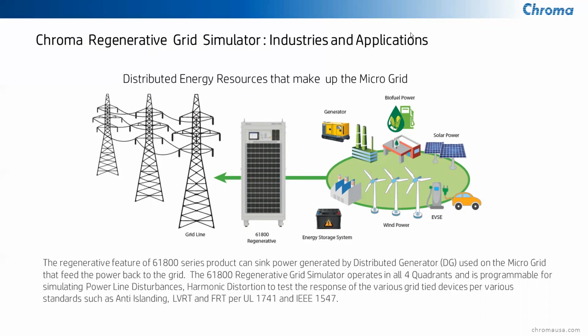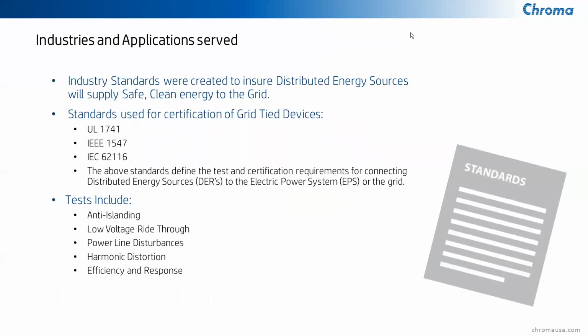But it's expanded now, as you can see, with wind energy, solar, EVSEs being bidirectional, putting power back onto the grid, and of course, energy storage. And some of the standards for that we'll get into in more detail. Standards such as UL 1741, IEEE 1547, and IEC 62116.